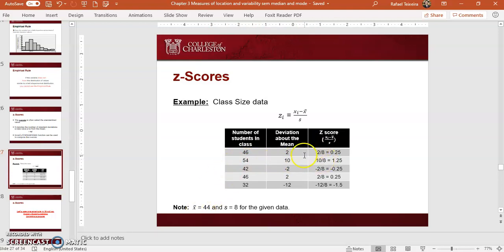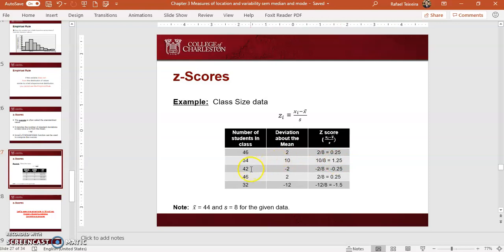The numerator, 54 minus 44, is equal to 10. 10 divided by the standard deviation of 8 gives 1.25 standard deviations above the mean. It's a positive number, higher than the mean of 44. So this class is 1.25 standard deviations above the mean.